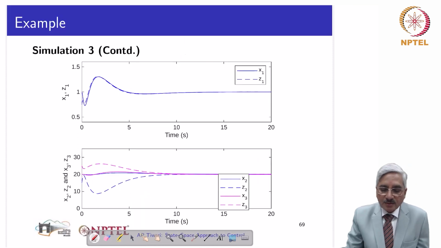We see what happens to the estimated states. We are showing x1, x2 and x3, and also on the same graphs z1, z2 and z3. So this is the graph showing x1 and z1.